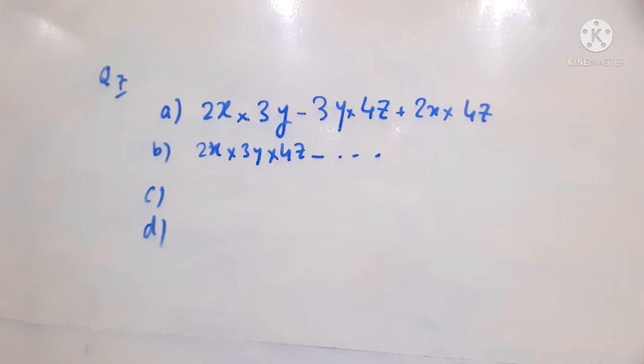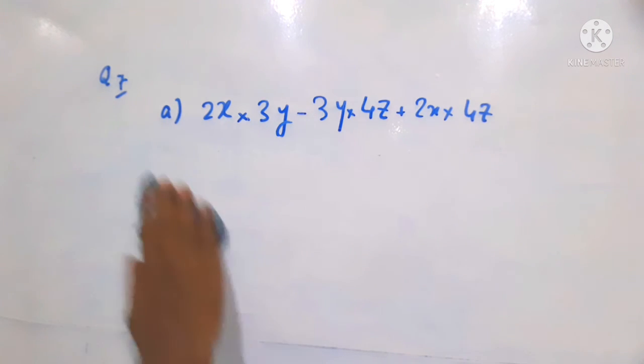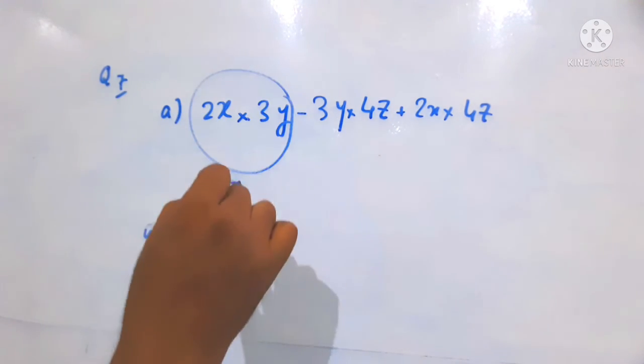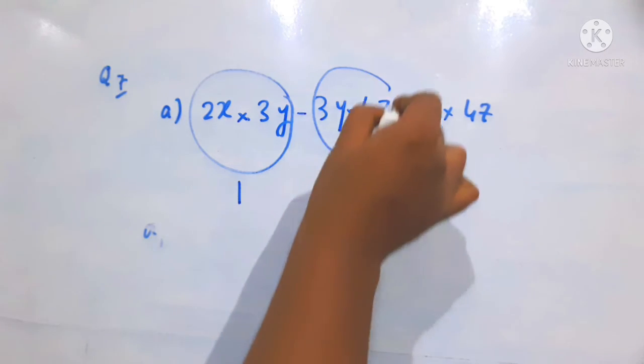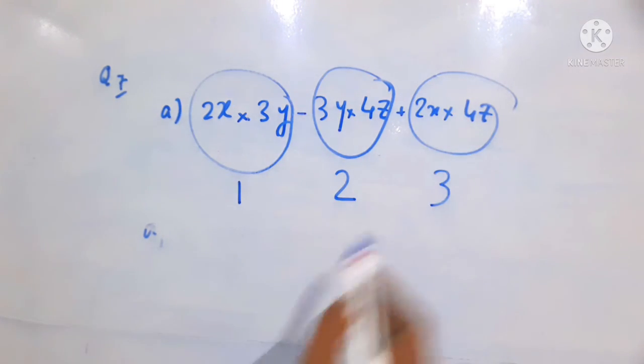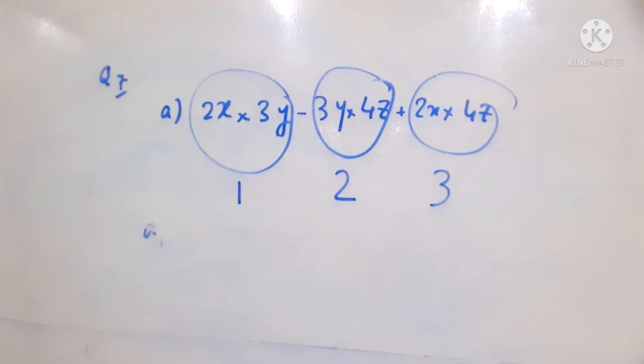Trinomial means there should be 3 terms. So in option A we can easily find 3 terms, and we know this is the multiplication. So this is term 1, this is multiplication, this is term 2, and this is term 3. So option A is a trinomial.